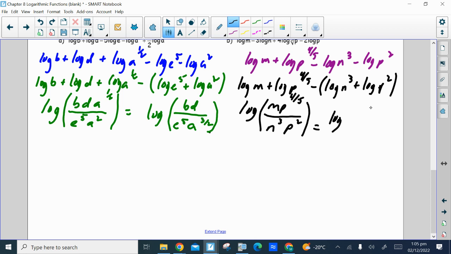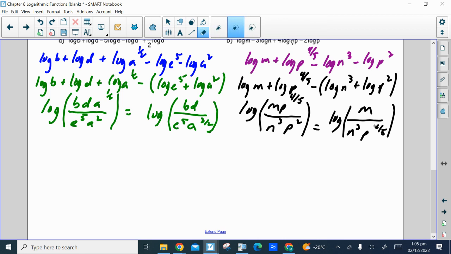Negative 6/5. And we move it to the bottom so it becomes positive. So there's our final simplified answer. Let me fix that 6.